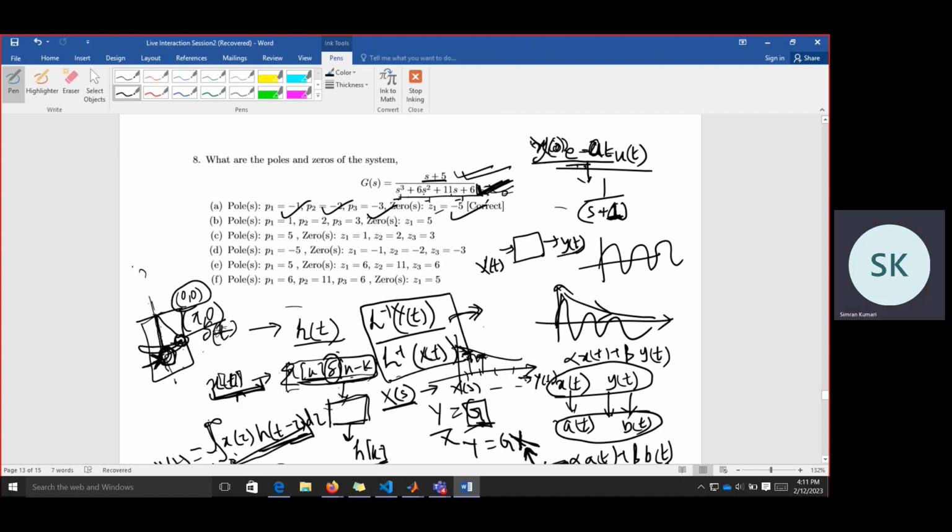Okay. So regarding the zeros, it's kind of adding a derivative, like rate of change, to the output response. So it's like we have 5 by 10, 6s square plus 11s plus 6.